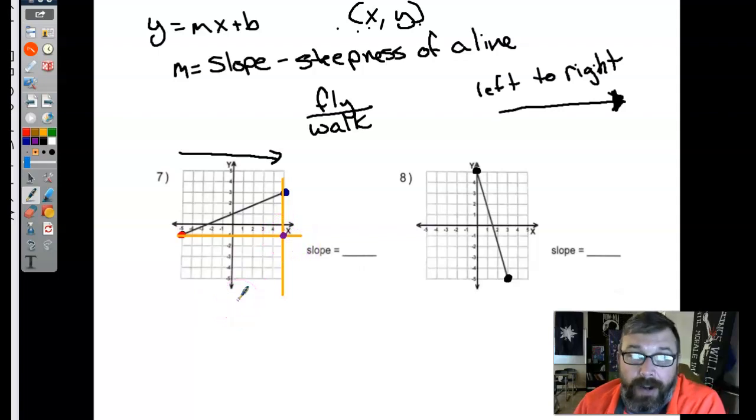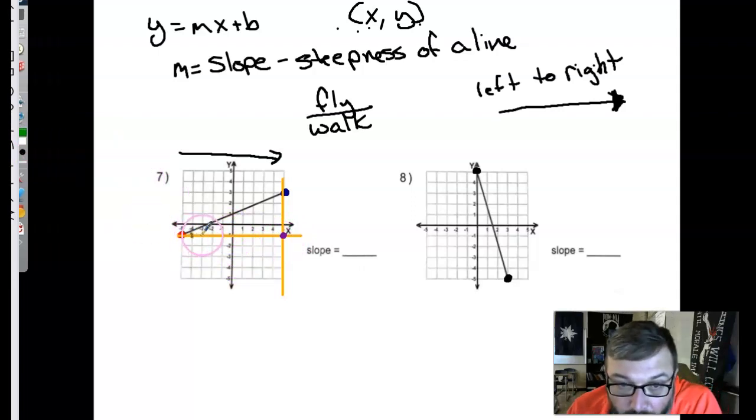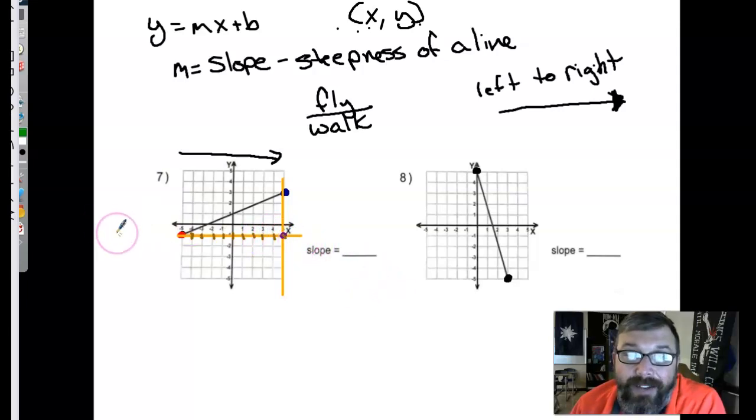I want to find how far it takes me to walk to that X. So I am going to count each grid line in between here. So I have 1, 2, 3, 4, 5, 6, 7, 8, 9, 10 grid lines. I had to walk 10 steps to get to that intersection. 10 will be my number on the bottom.